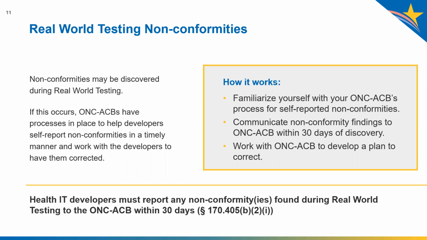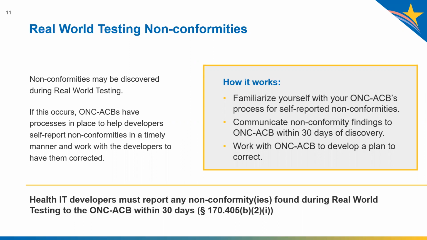I will note here that the provision states that developers must report any nonconformities to their own ONC ACB within 30 days. Any nonconformities that are found throughout the real world testing process as you execute your plans must be submitted to the ACB within 30 days.